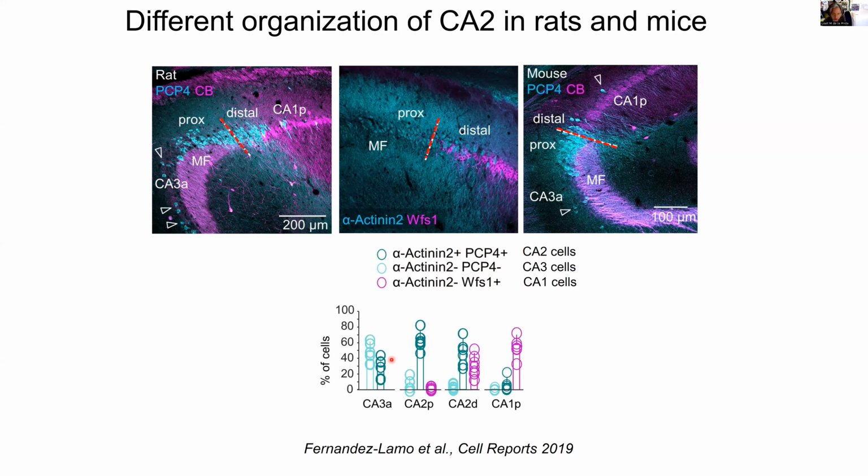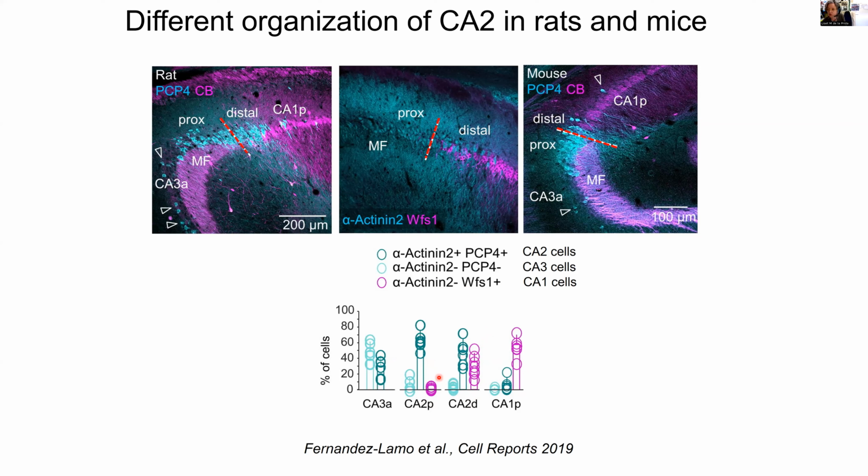And if you look at the distribution of these cells around the border, we call CA2 proximal, distal, and CA1 and CA3, we clearly see that there is a different expression level here, that there is an intermixture of populations within the CA2 area.